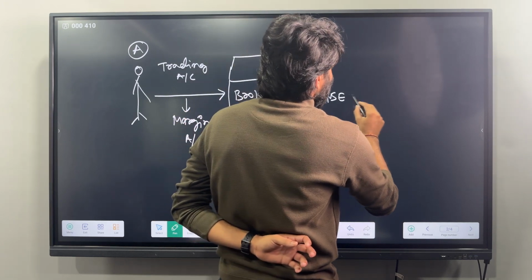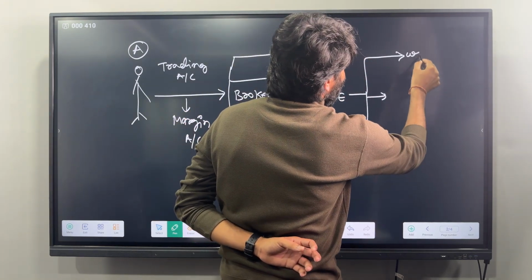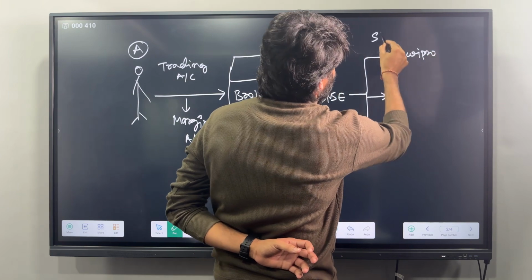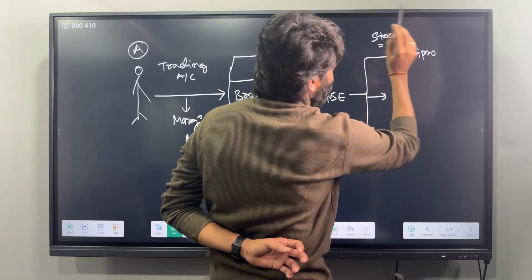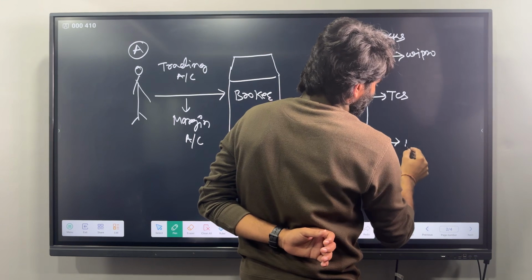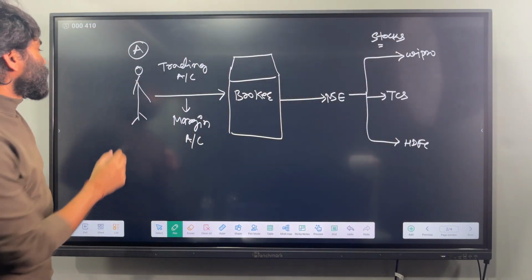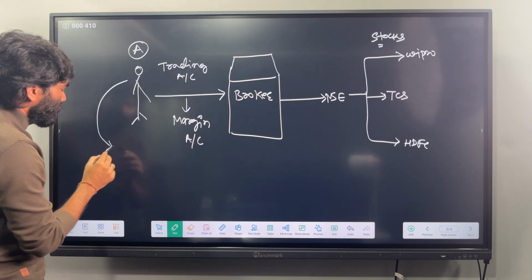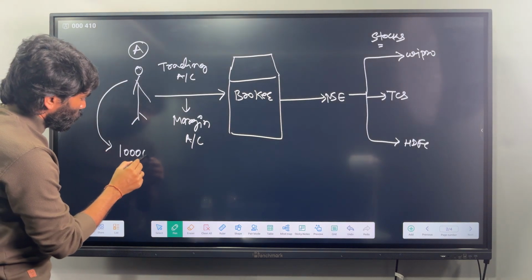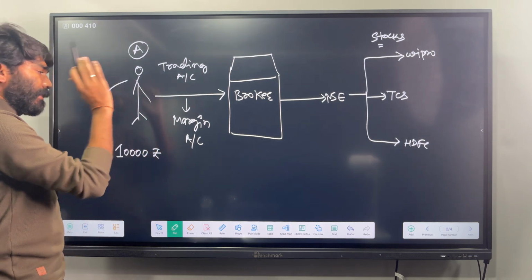So here the exchange has listed securities, let's say Wipro, because all are stocks. Now we are just talking about stocks, right? Let's say TCS and HDFC Bank. This A has, let's say, 10,000 rupees available in the account.